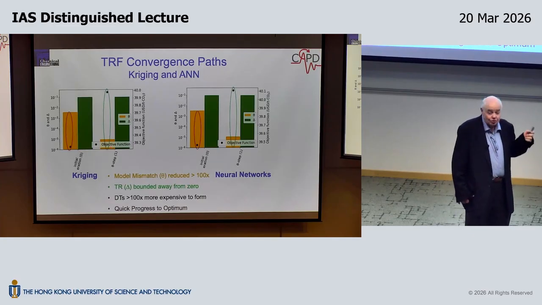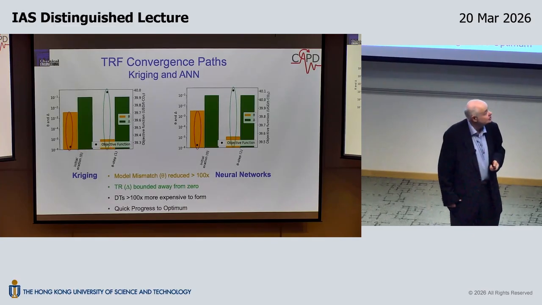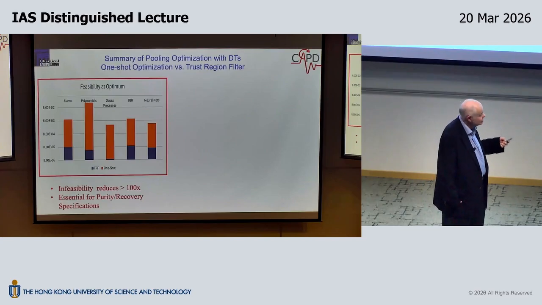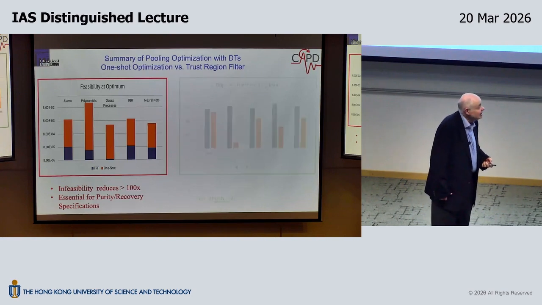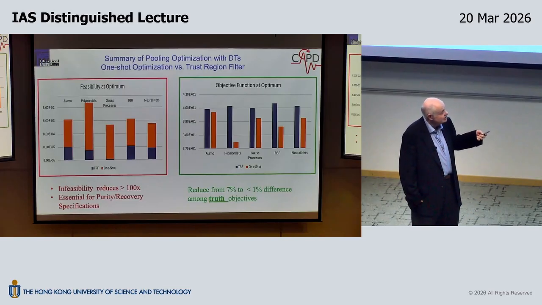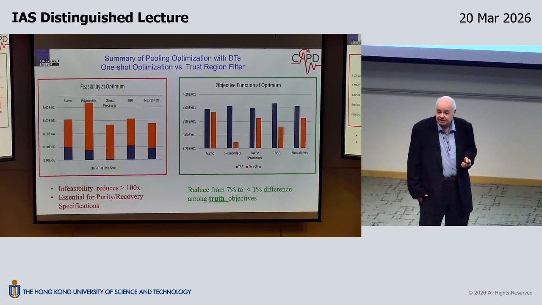Okay, so what you're seeing here is a difference between solving the problem where the infeasibility with the truth model goes down by at least 2 orders of magnitude, and what's happening is your difference in the objective function, that's dollars per ton of CO2 captured, goes down from 7% to just 1% difference.